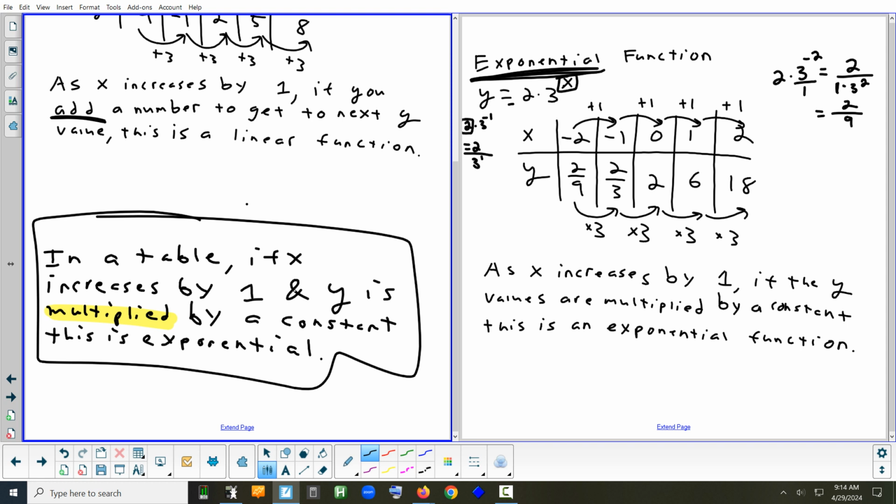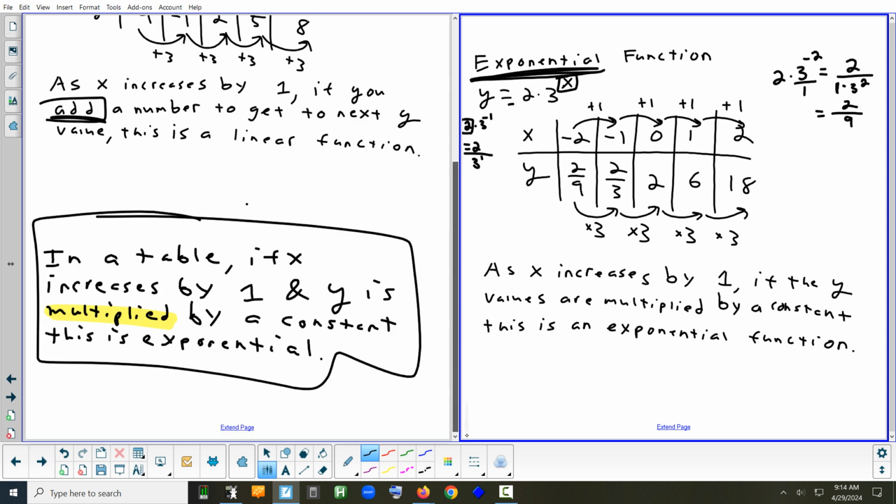All right, so any question on the pattern that you're looking for? Okay, looking for a multiplication pattern, not an addition pattern. I mean, we did look for addition patterns, but that was earlier in here. Okay, now we're doing multiplication.